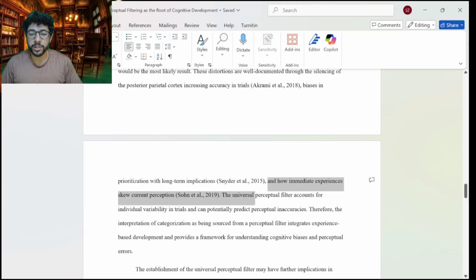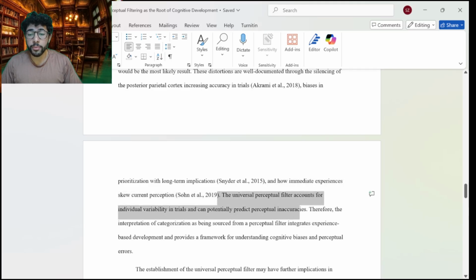So the universal perceptual filter accounts for individual variability in trials and can potentially predict perceptual inaccuracies, right? And I've actually done this before. I did this on this YouTube channel, which is kind of crazy. I privated the videos because it was a little too much, and you're gonna see why in a second.